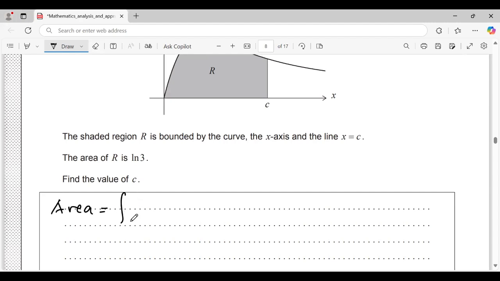That area is the integral from 0 to c of f(x), where f(x) is x over x squared plus 2 dx. And according to the information, this area is ln 3.